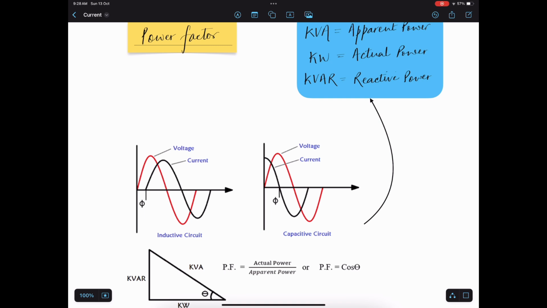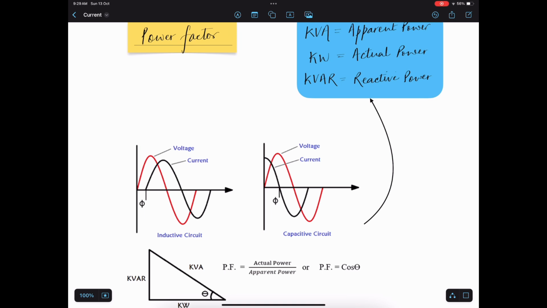How can we correct this? If we talk about an inductive circuit where there is an inductive load and the current is lagging, we can introduce a capacitor bank or a capacitor in that circuit, because with a capacitor the current will lead.